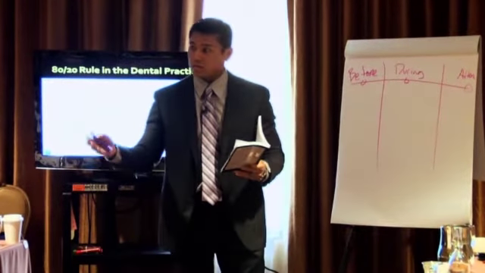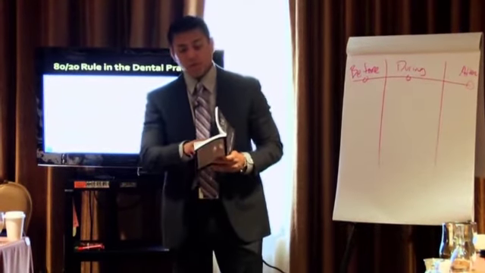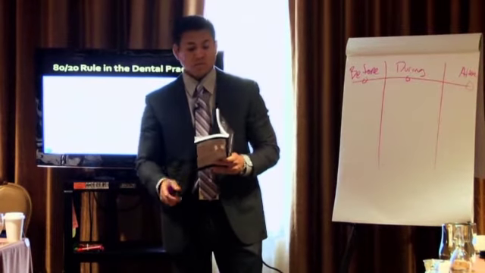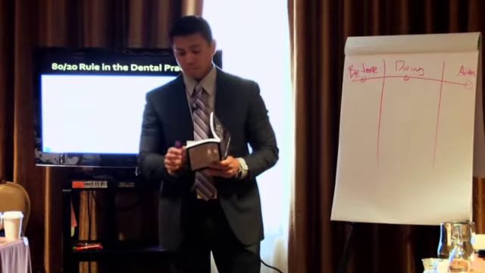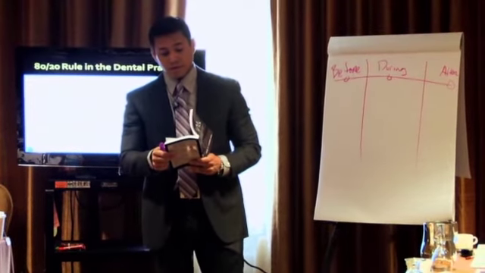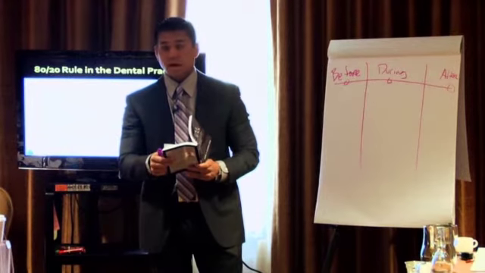That's because, and I'll just go through it really quick, the revenue for pro-fee exams and bite wings for 1 year, a conservative estimate, is $250. And that's $1,250 over 5 years.